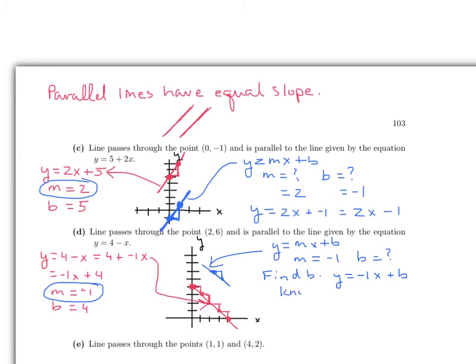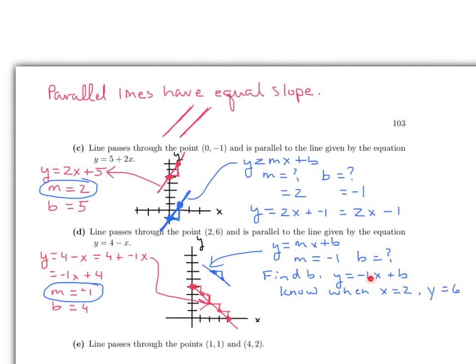And there's one other thing we know. We know that when x is equal to 2 on this line, y has to equal 6. So that's an extra piece of information that we know. So this equation right here has to have this property.